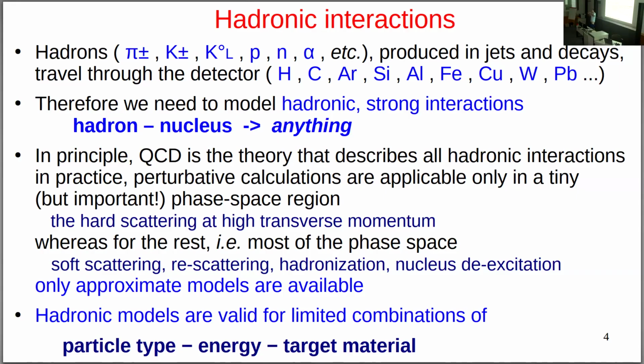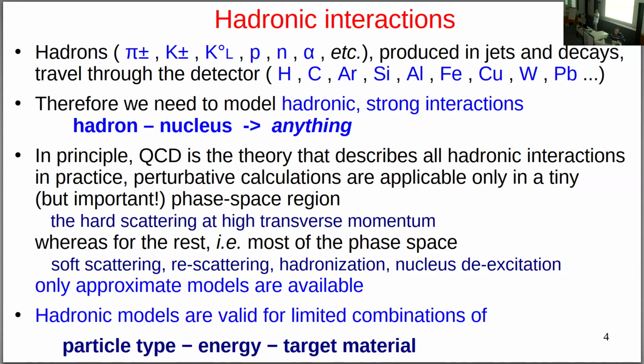Basically, we are able to do so-called perturbative calculations in an extremely important but very narrow phase space, which is essentially very high energy collisions with high transverse momentum. This is important because all the interesting physics, for instance of the LHC experiments, W, Z, Higgs, eventual supersymmetric particles, and so on, is produced exactly in that very narrow phase space.